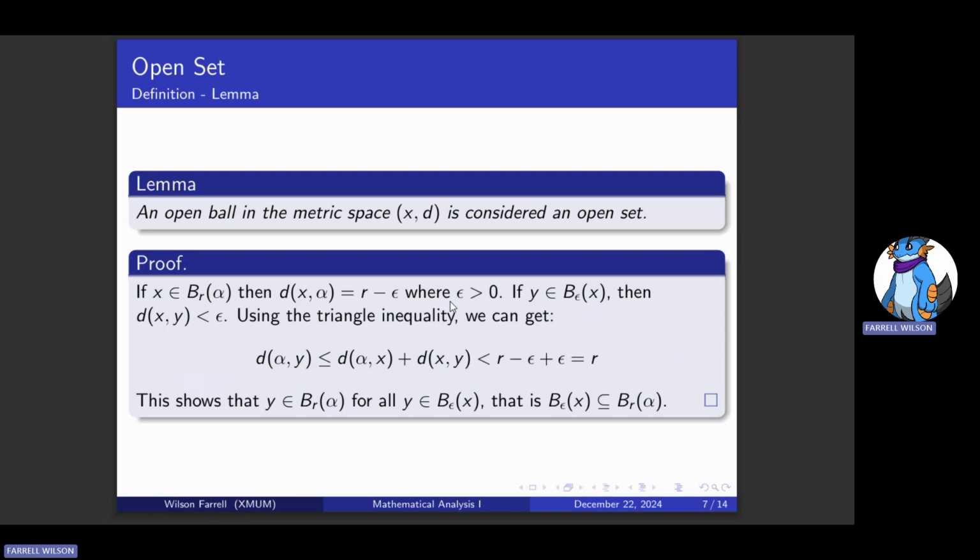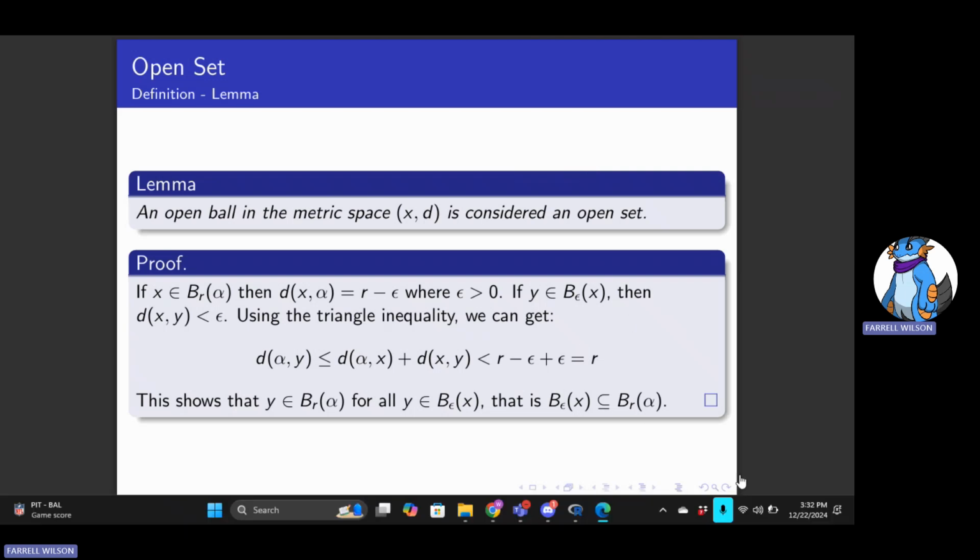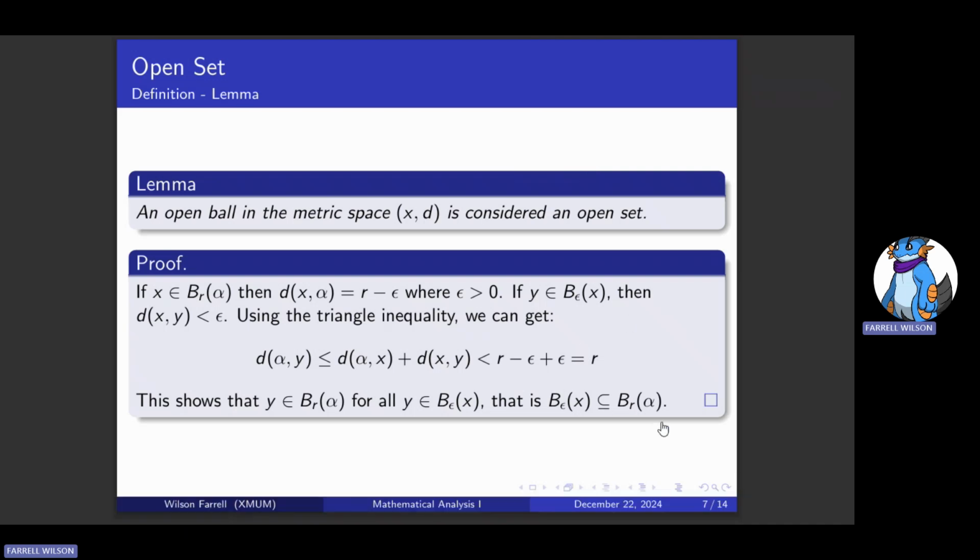By using the triangle inequality, we can get the result. Using all the information gathered, this shows that y is in the ball of radius alpha for all y in the ball of epsilon around x. That means that B(x, epsilon) is contained in B(alpha).